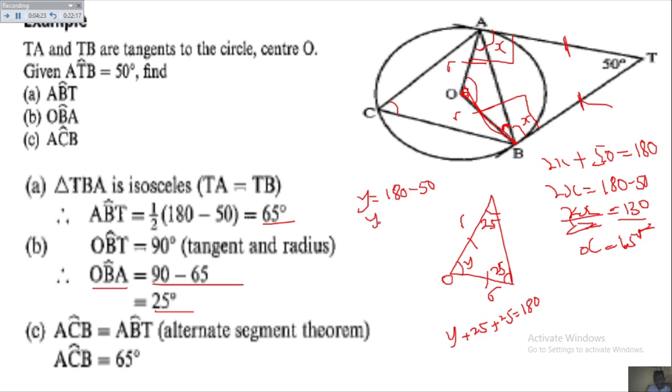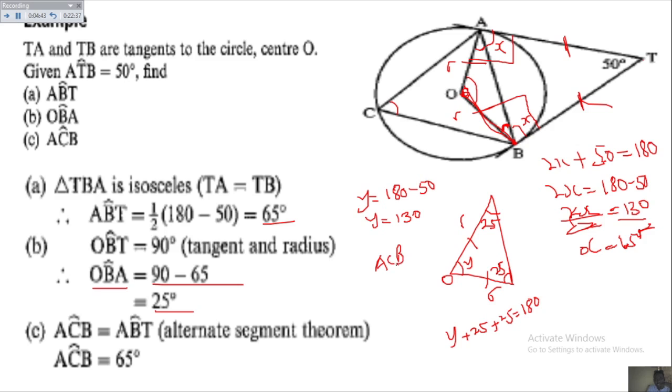And Y will give me 130. Then Y is 130. If Y is 130, then I'm looking for what? I'm looking for ACB.